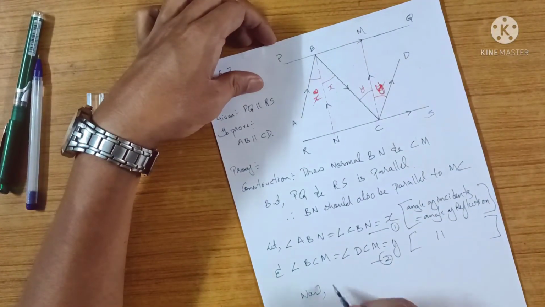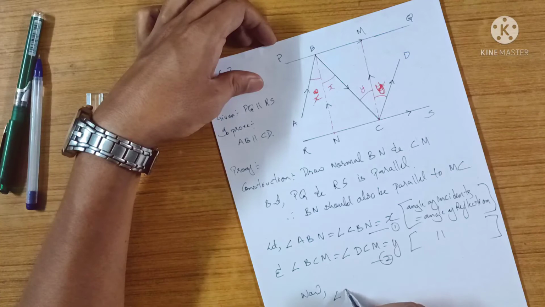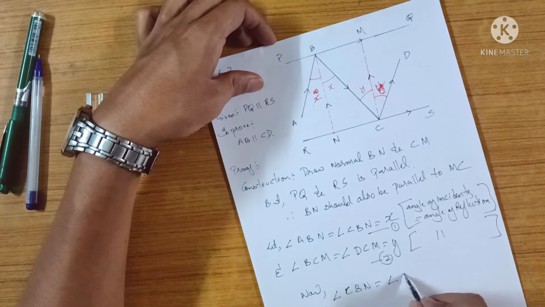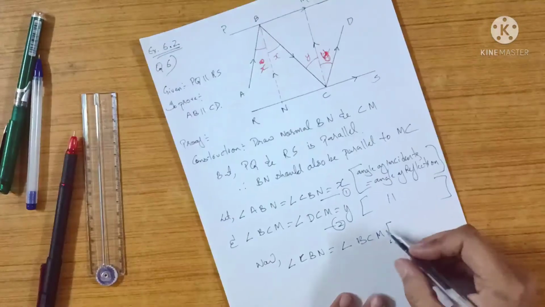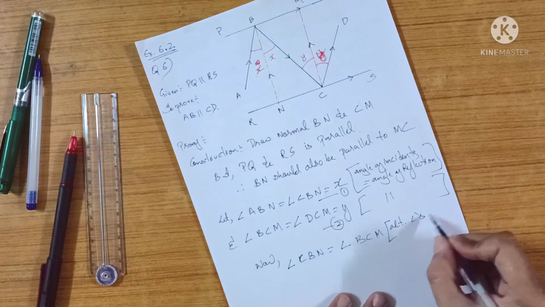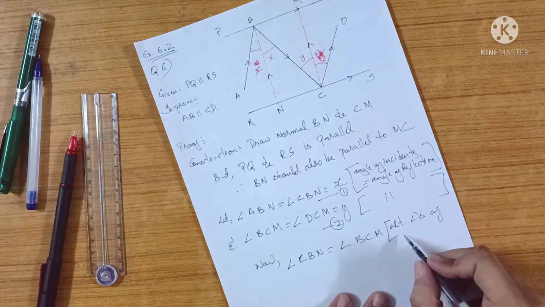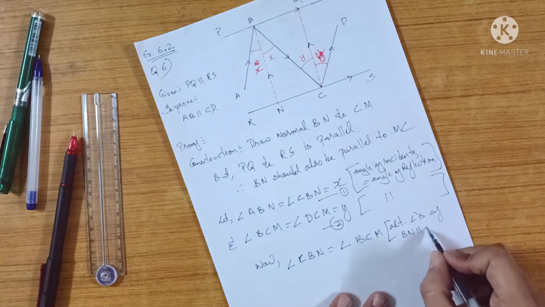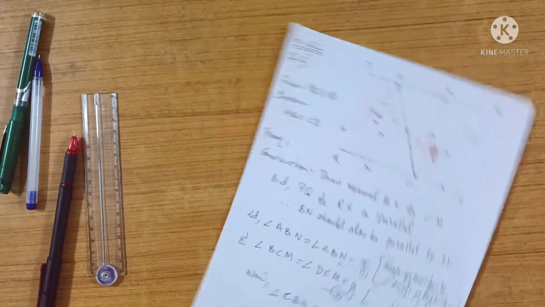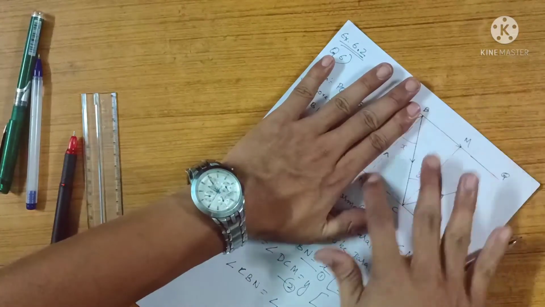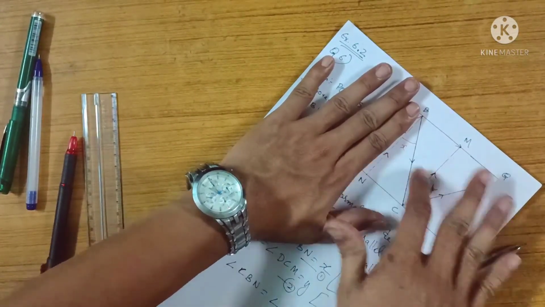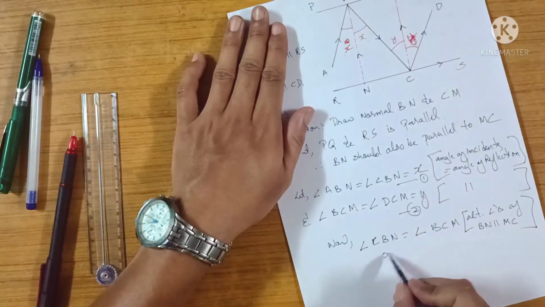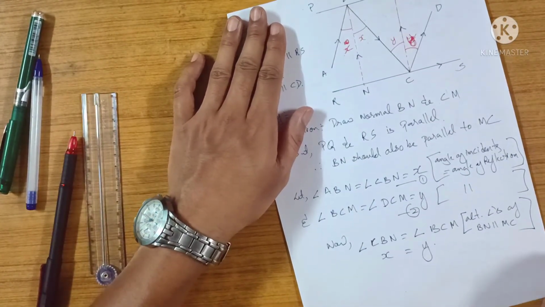So now angle CBN equal to angle BCM, alternate angles of BN parallel to MC. Got it? Since BN is parallel to MC, this and this will be alternate angles. So since it's alternate angles, they are equal. So x equal to y.